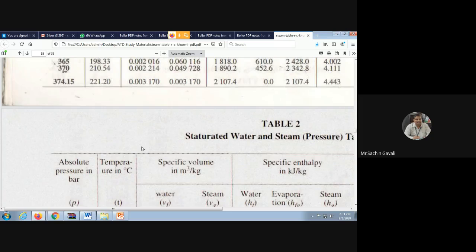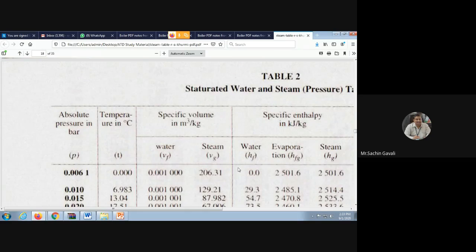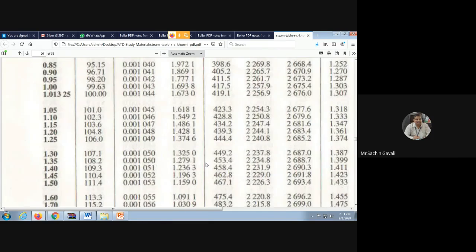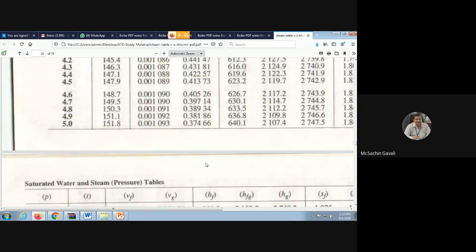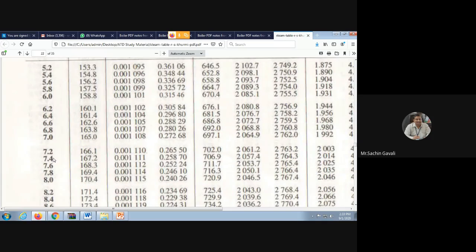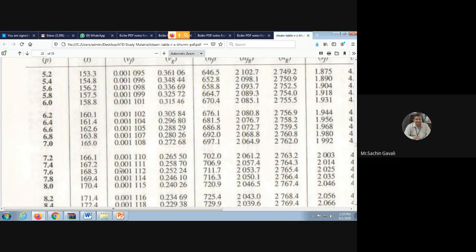When pressure is given, we have to use table number 2. Then we check if 7.5 bar is available in the steam table. The 7.5 bar value is not available directly for HF and HFG, but 7.4 and 7.6 values are with us.